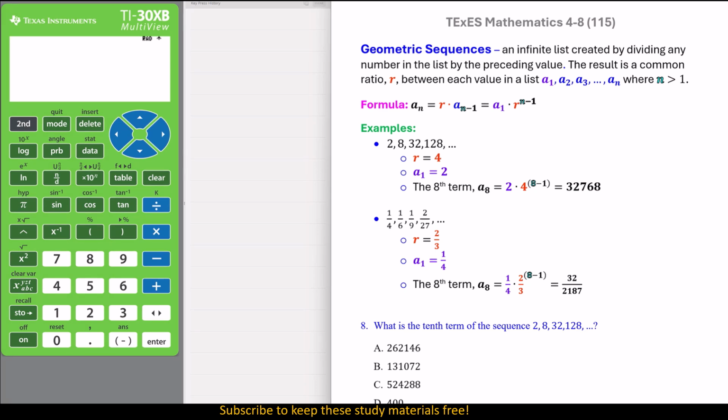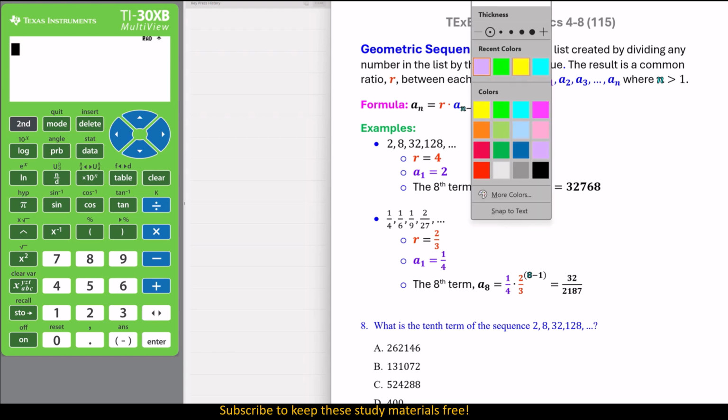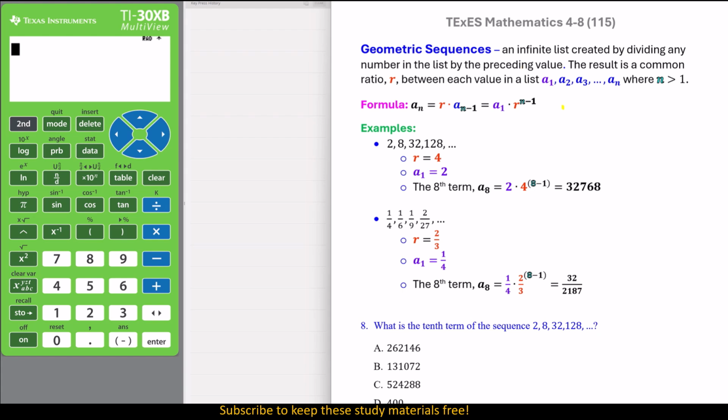Okay, next we're going to look at geometric sequences. Now, I'm not going to go through everything with you. The most important thing to generally remember is that you have a couple of good formulas. And the most important one is this one. Let me write that in a different way.